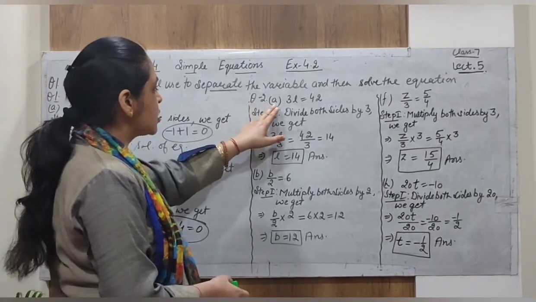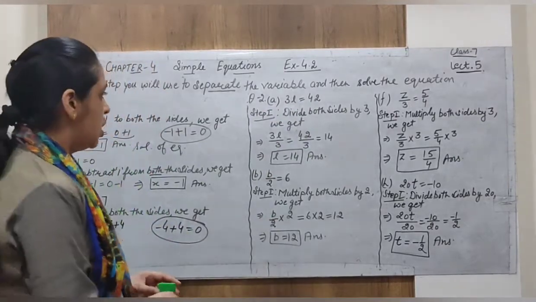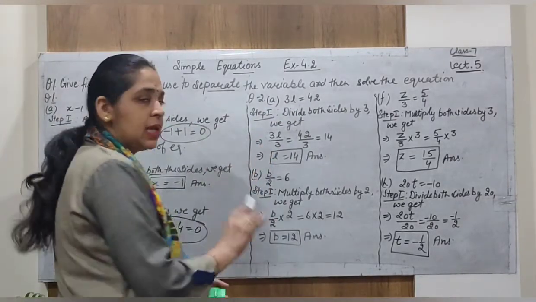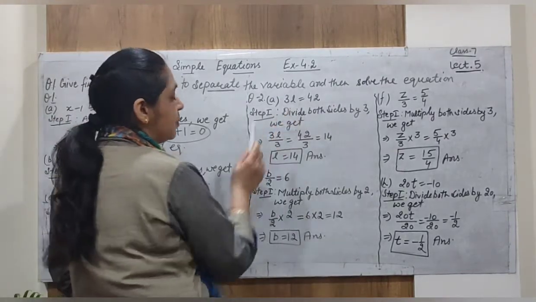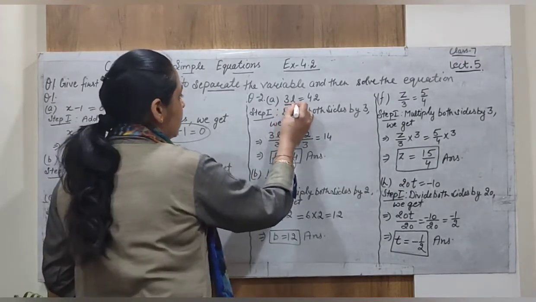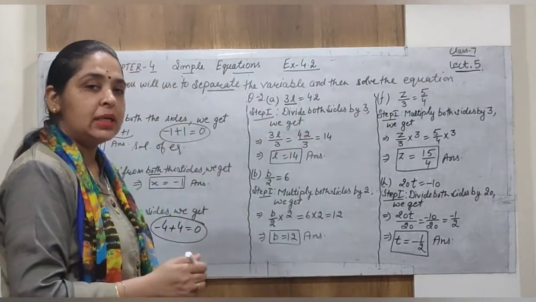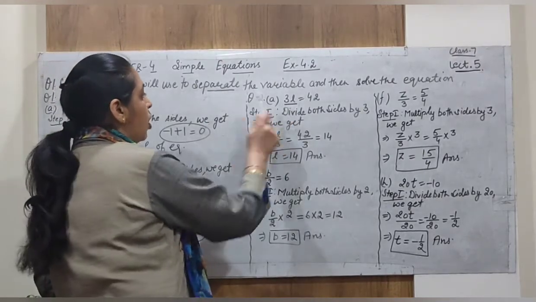Question 2, first part: 3L is equal to 42. Now we have to run the same process, but in this question 3L means 3 is multiplied with L, and we want to separate L from 3.